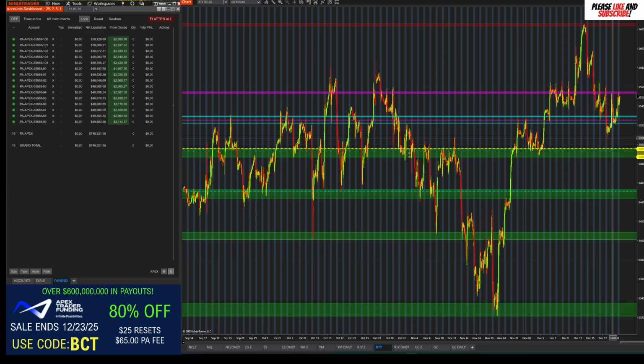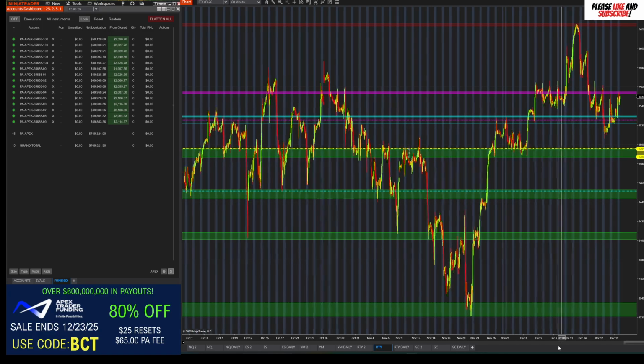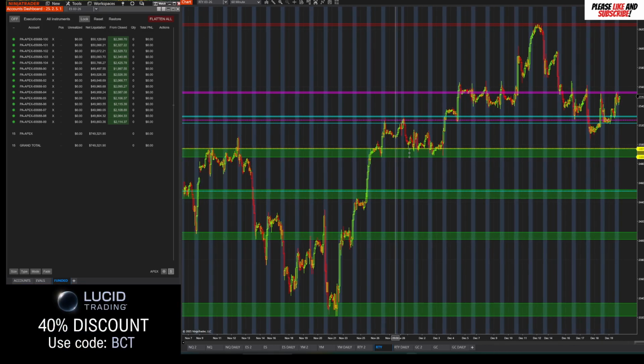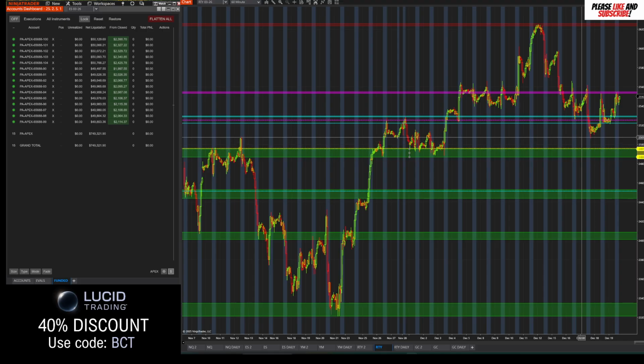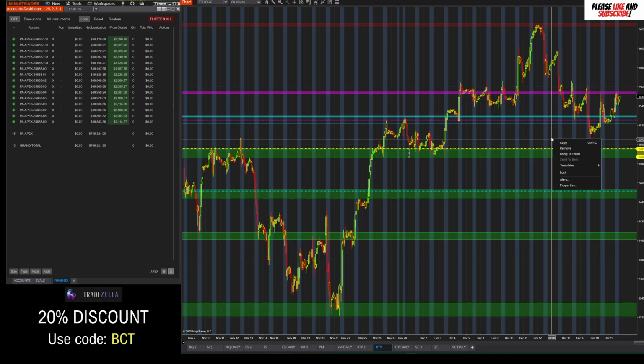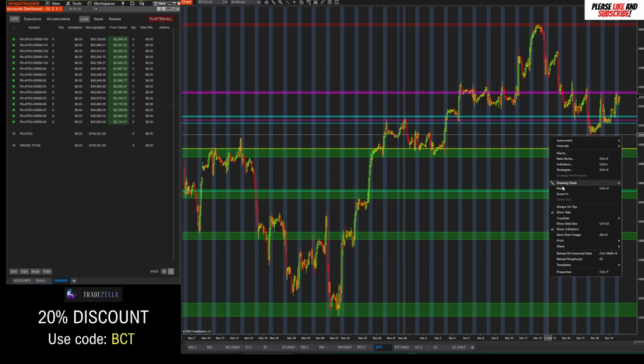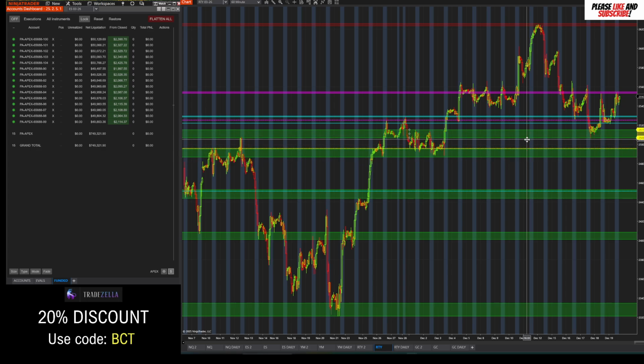Now, this recent little swing low has my attention right here. And that really lines up with this level over here. So let's bring this in, and let's see what this looks like.